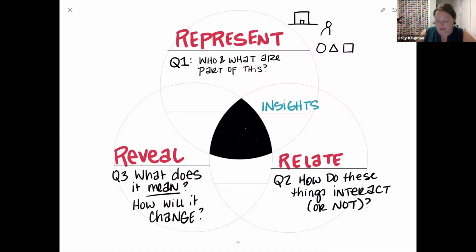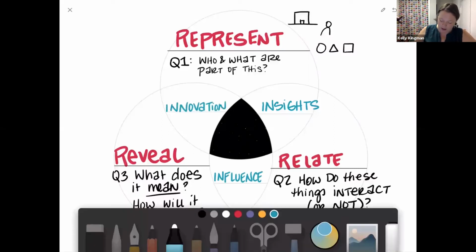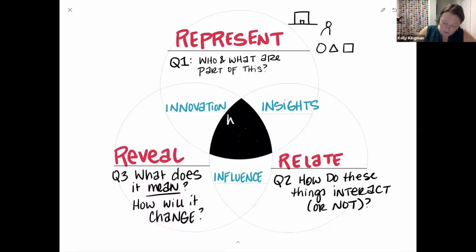Reveal and relate is influence, because you are going to be able to explain those relationships in a way that makes sense to people. And represent and reveal, you're showing how something can change or be new, and that's innovation. All of this is what I call the realm of the Whiteboard Black Belt.